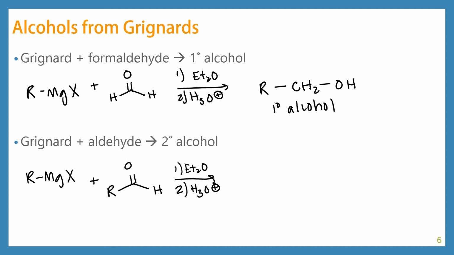So imagine that R group attacking the carbonyl carbon. And this is what we would end up with. The aldehyde hydrogen would still technically be there, we just don't need to draw it out.